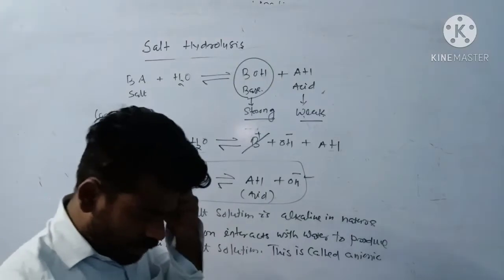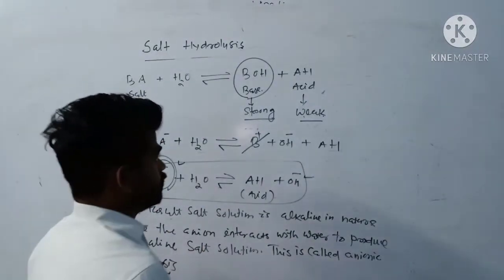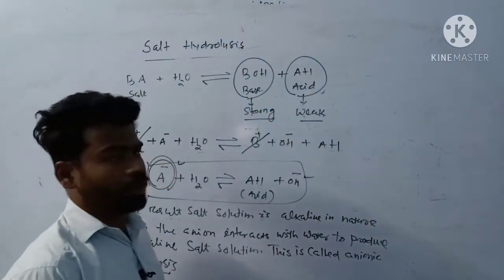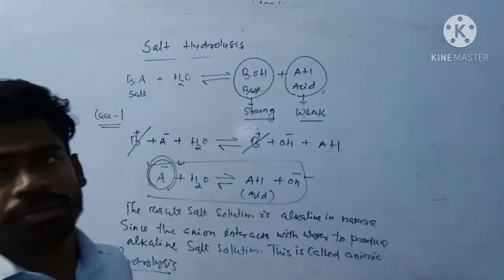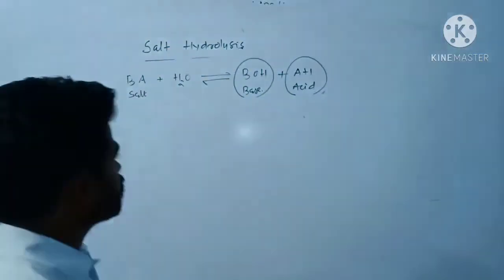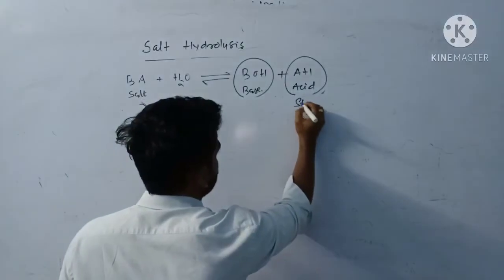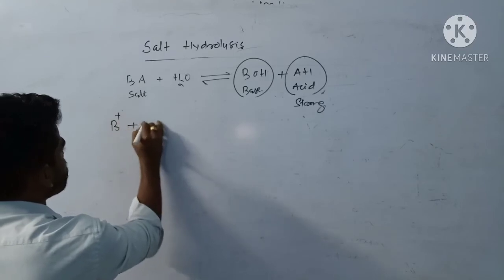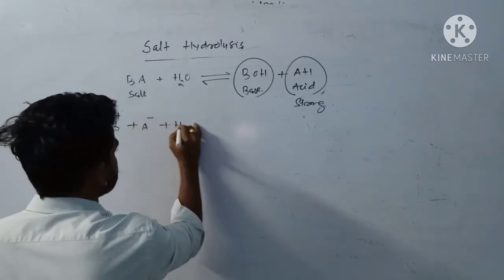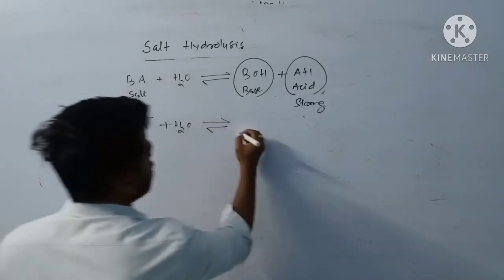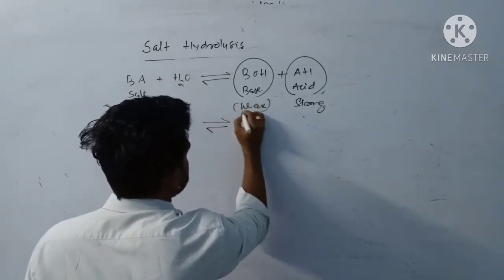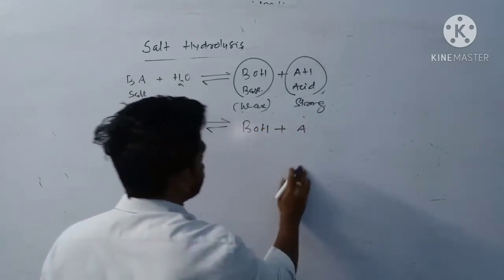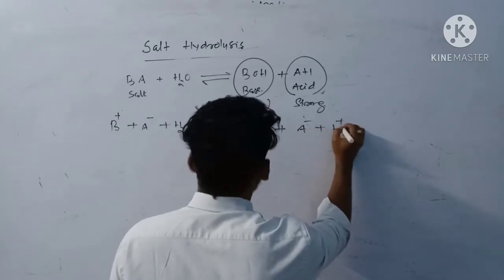Clear? Likewise, again if we assume the produced acid is taken as the strong component, then let us see what we get right now. If we consider this one as strong, then the equation can be written as B plus A minus plus H2O giving rise to BOH, this one is weak, it remains as such, plus A minus plus H plus.